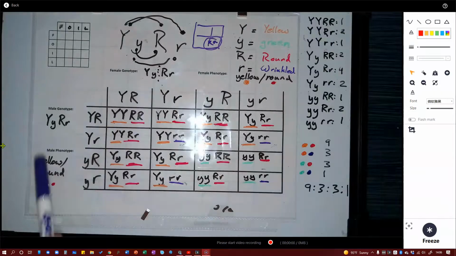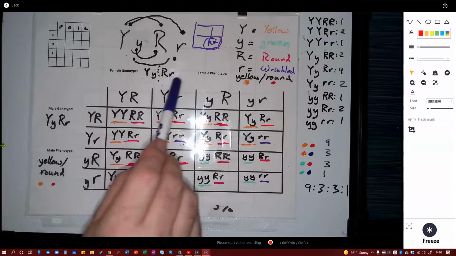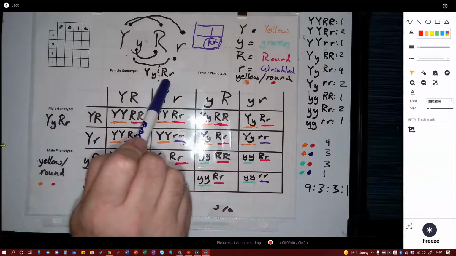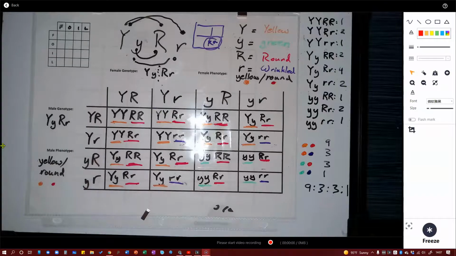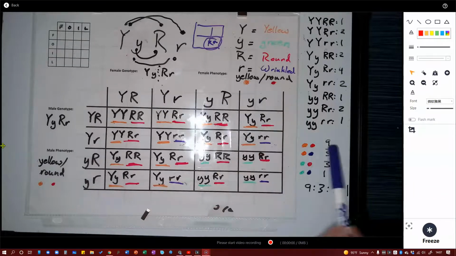This is just what you get when you combine 2 individuals that are heterozygous for both traits. So as you can see here, heterozygous, heterozygous, heterozygous, heterozygous. And you'll notice, again, their phenotypes are the same as the most abundant one because the recessive traits aren't activated.